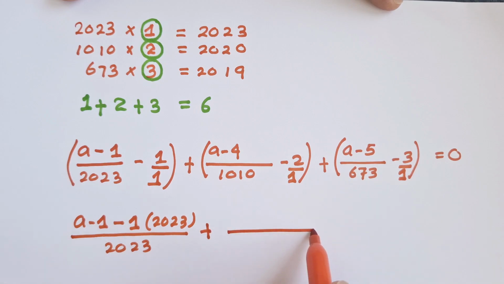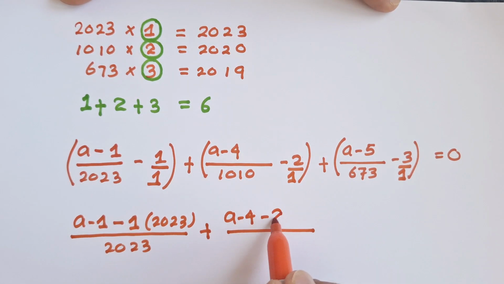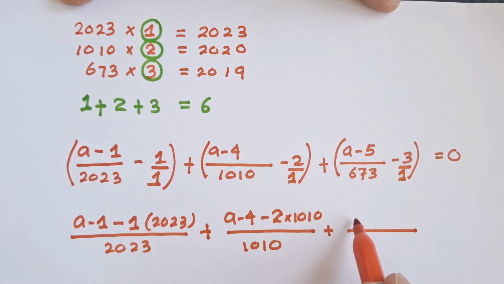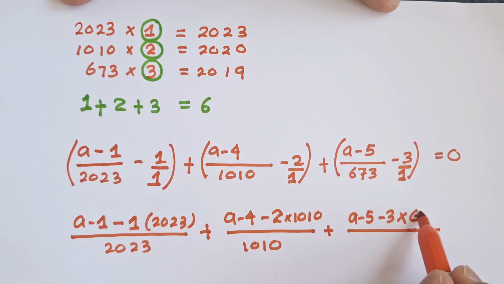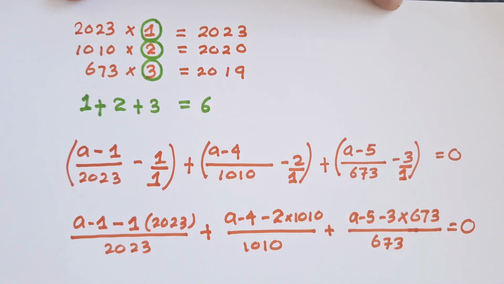Here inside the parentheses, we have 1 times a minus 4, which is a minus 4, minus 2 times 1010, 1 times 1010 is equal to 1010. Plus here inside the parentheses, 1 times a minus 5 is a minus 5, minus 3 times 673 divided by 1 times 673, which is equal to 673, and right hand side we have 0.